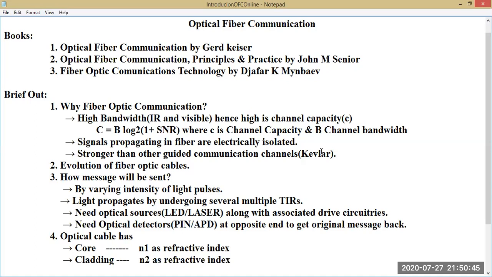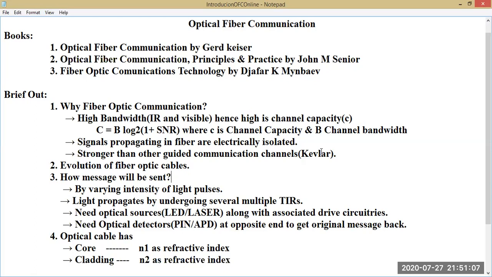How were these optical fiber cables evolved, and before optical fiber cables, what was the communication channel available? These optical fiber cables were invented in the 1950s or 1960s.